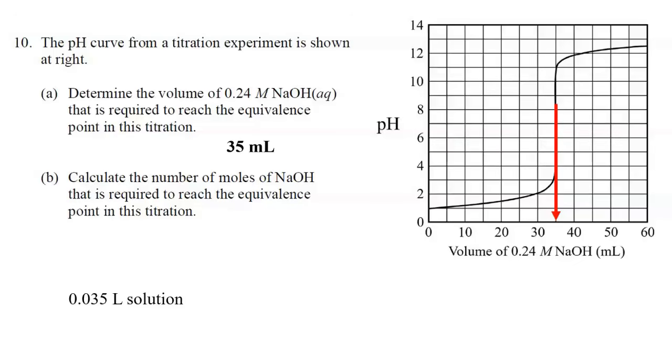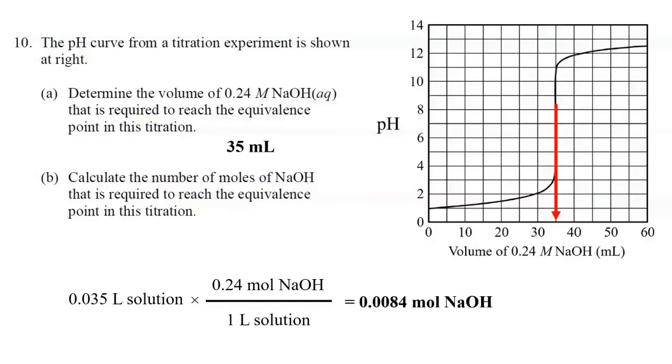That would be 0.24 moles of sodium hydroxide for every 1 liter of solution. So if we do this math, then our answer will be in units of moles of sodium hydroxide. You could write this in regular notation as 0.0084 moles of sodium hydroxide, or you could express this in scientific notation, which would be 8.4 times 10 to the minus 3 moles of sodium hydroxide.